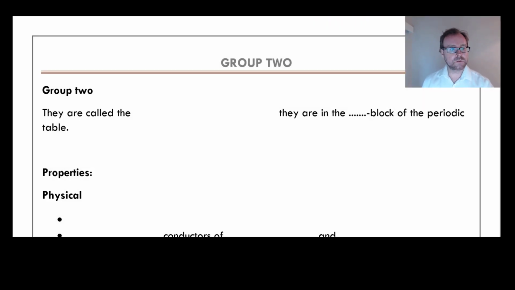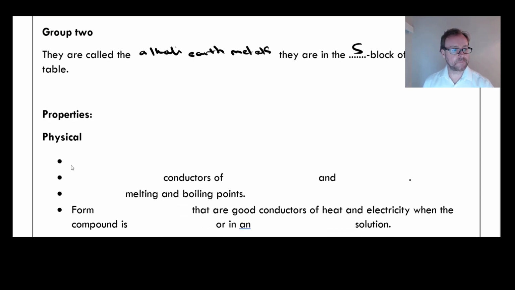So, Group 2 metals are called the alkaline earth metals, and they are in the S block of the periodic table. Some properties: unsurprisingly, they're all metals. They're good conductors of heat and electricity.